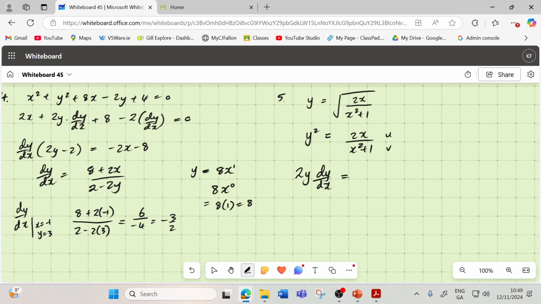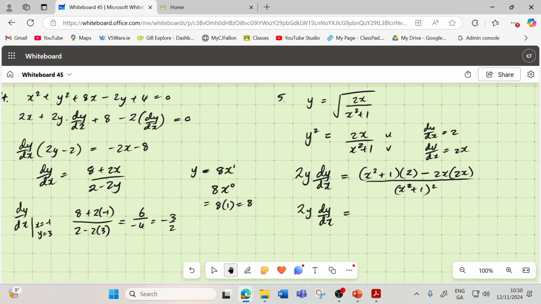On the right we use the quotient rule: u over v, so du/dx times v minus u times dv/dx, all over v squared. This gives 2x times (x squared plus 1) minus x squared times 2x, all over (x squared plus 1) squared.